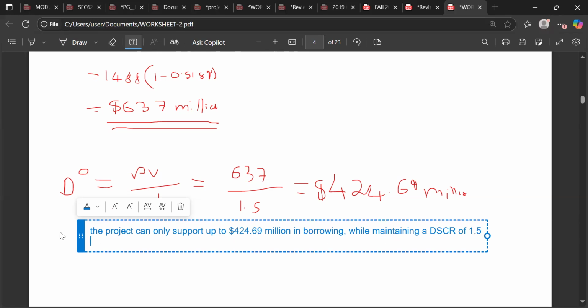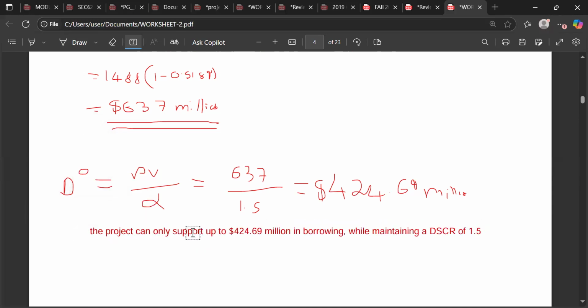Are we clear here? This is our interpretation here. Are we clear?